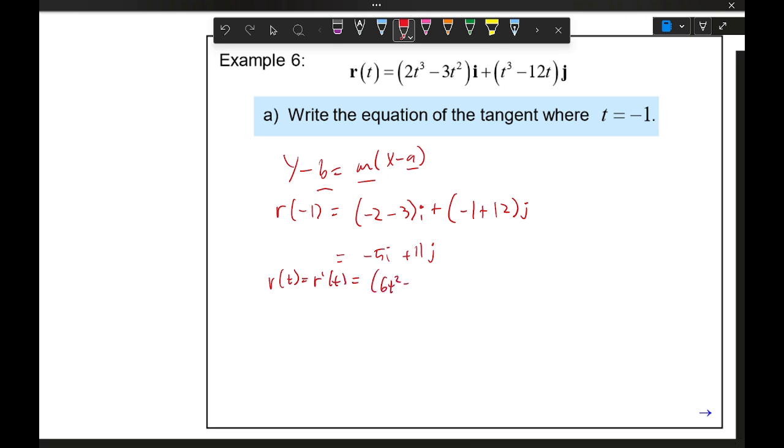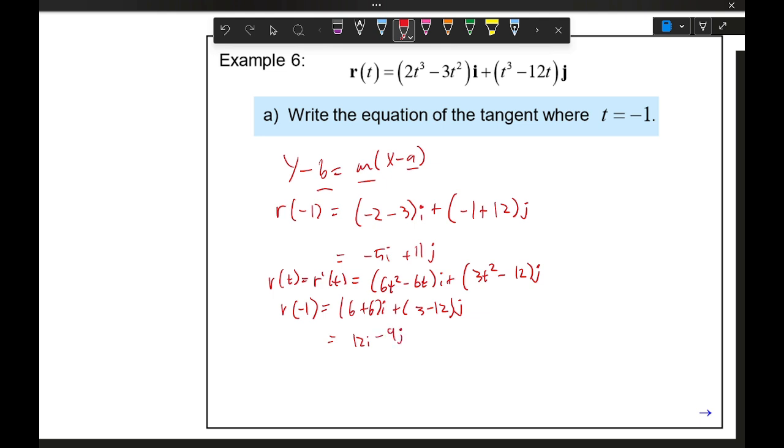And then we need to find the velocity function, which is just the derivative of position, or 6t squared minus 6t i plus 3t squared minus 12 j. And then we want to find the velocity at t equals -1. So velocity of -1 is going to equal 6 plus 6i plus 3 minus 12j, or 12i minus 9j.